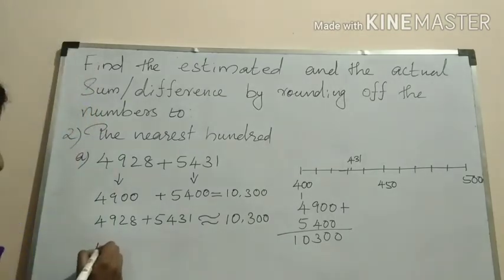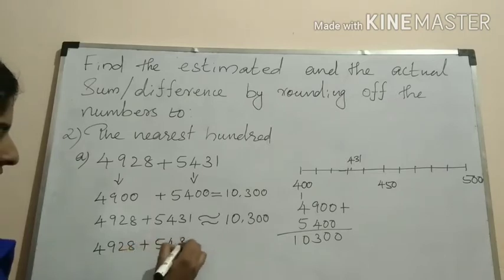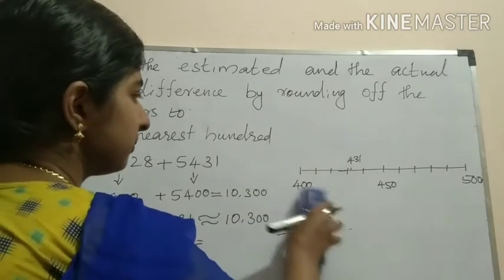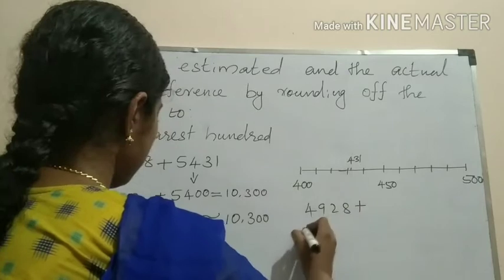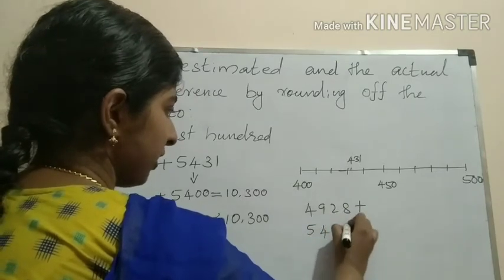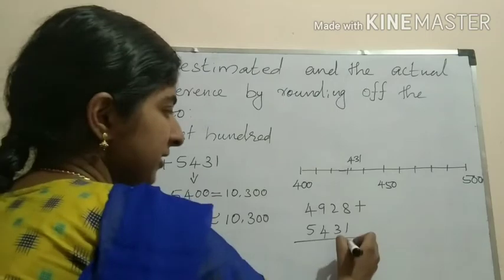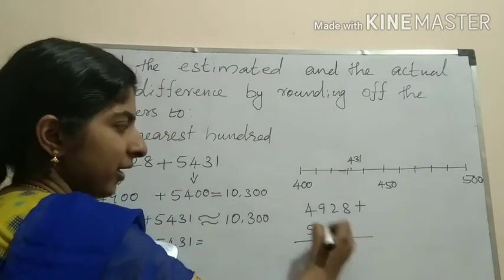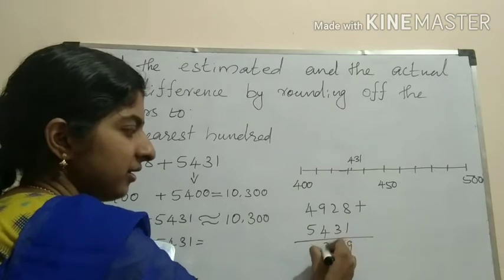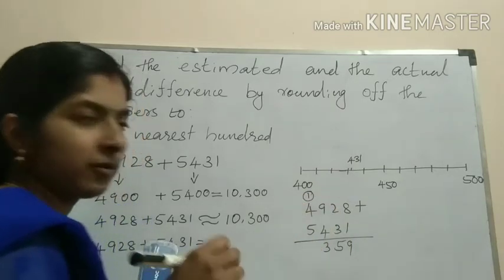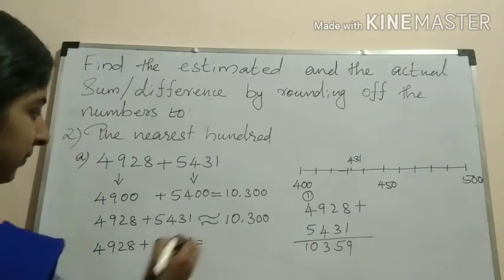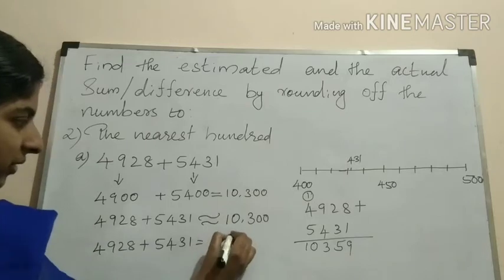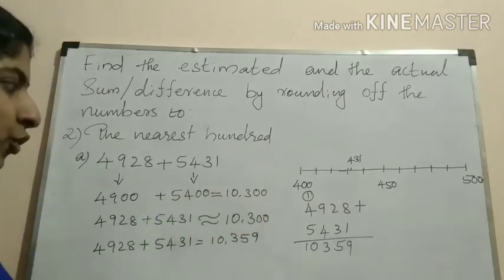Then the actual sum: 4928 plus 5431. 8 plus 1, 9. 2 plus 3, 5. 9 plus 4, 13. 3, 1 carry. 1 plus 4, 5. 5 plus 5, 10. So 10,359.